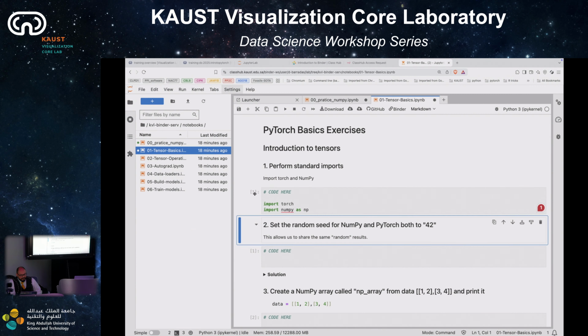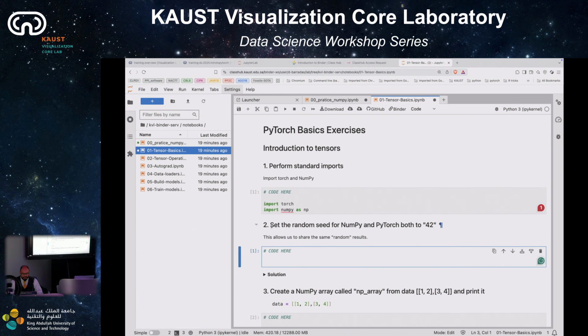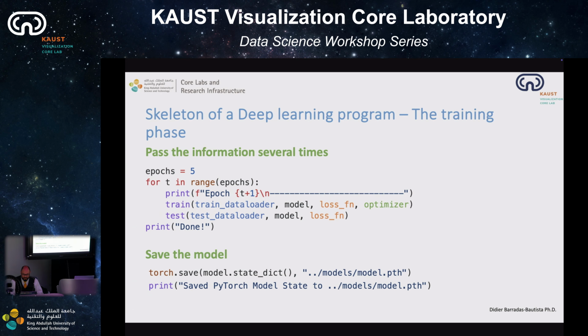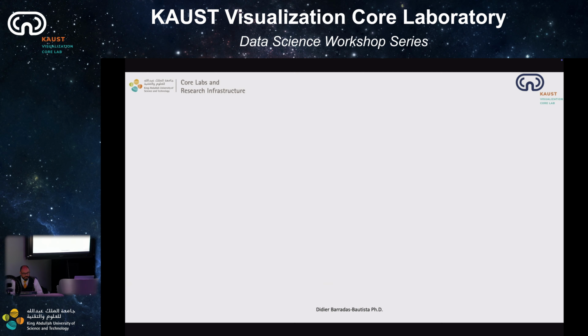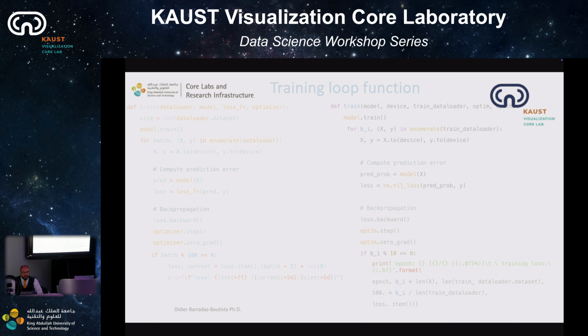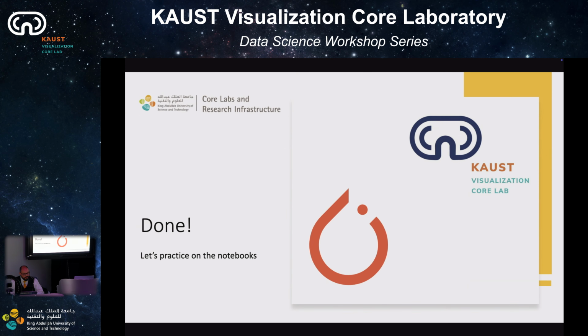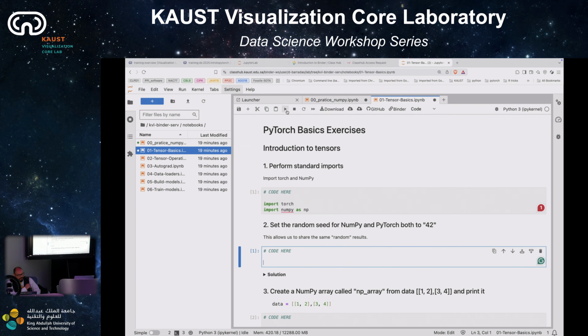It will show an asterisk that it is running, and then it will say, okay, that's there, good. Now, for those cells where you do not know what to do, like for example, set random seeds for PyTorch and NumPy both to 42, I gave you that, actually. To run a cell it is Alt-Enter for me, but you can run it with this small button here.